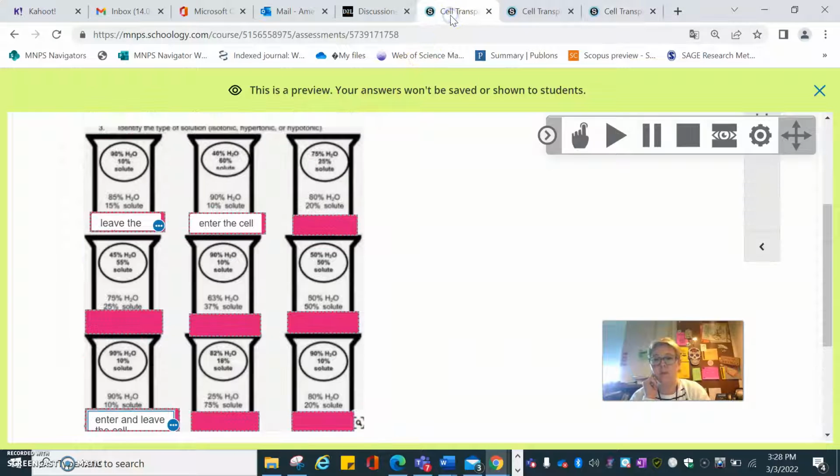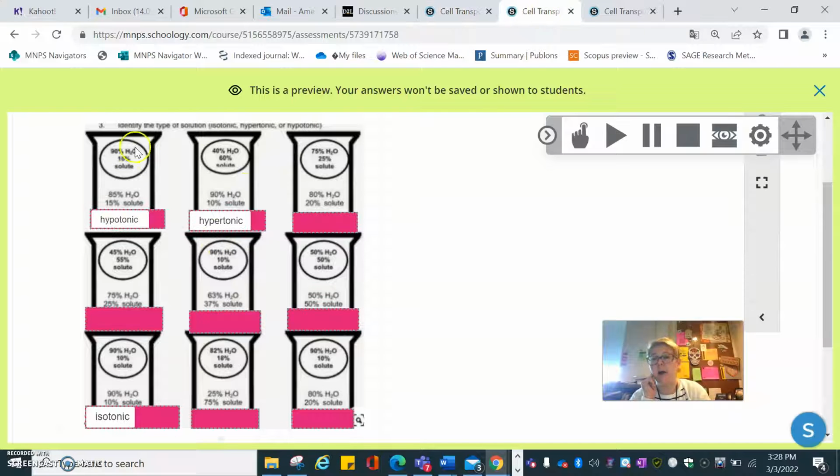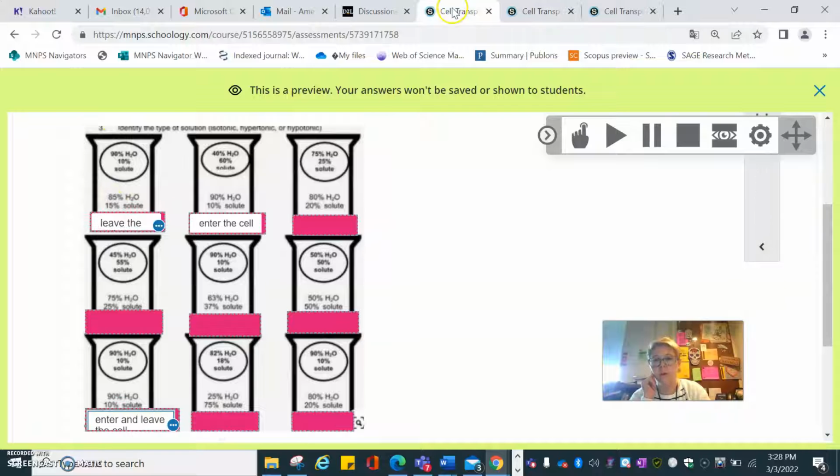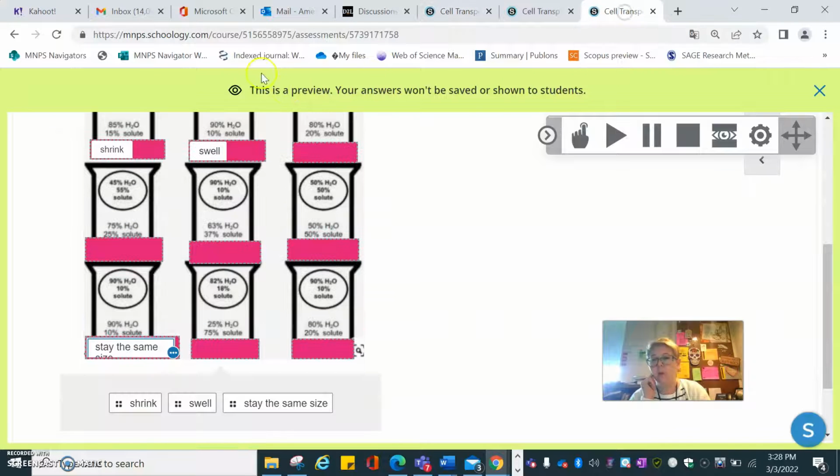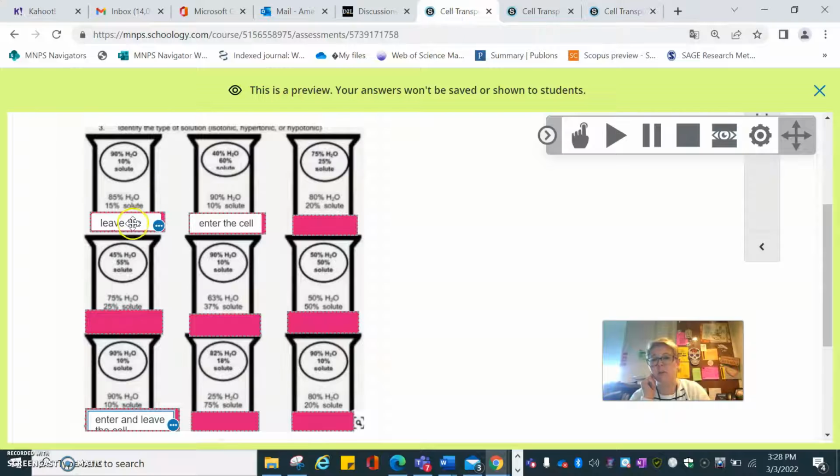So, cells that are hypotonic to their solution will shrink because water is going to leave.